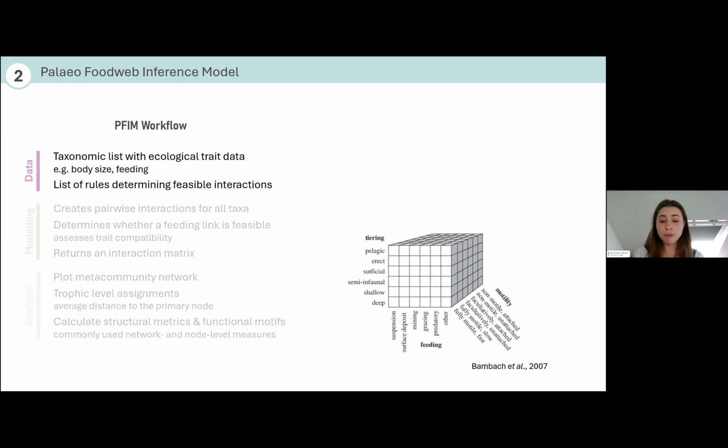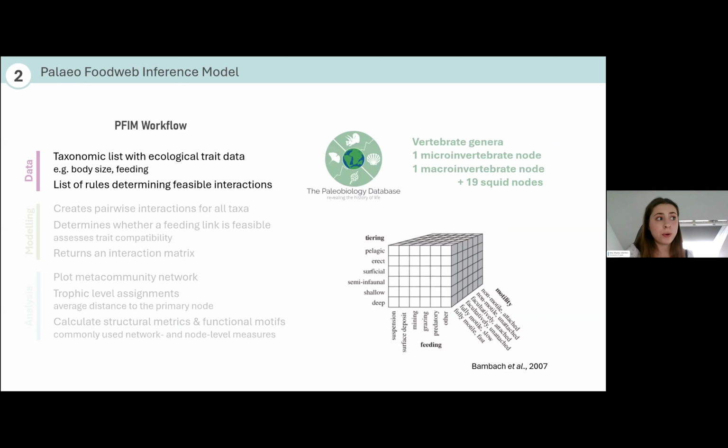And this is really great for invertebrates because this ecospace cube separates out the ecological guilds of these invertebrates really well. However, this wasn't the case for my data. I got my data from the Paleobiology Database using the Pliocene and Pleistocene as my pre and post extinction communities. The majority of my data set was vertebrate genera.